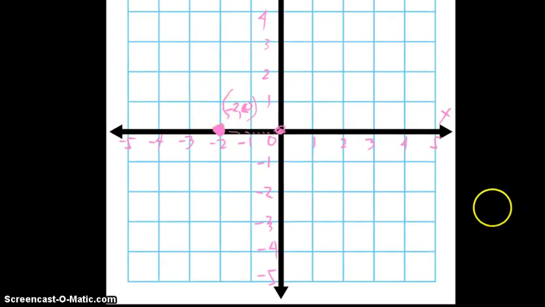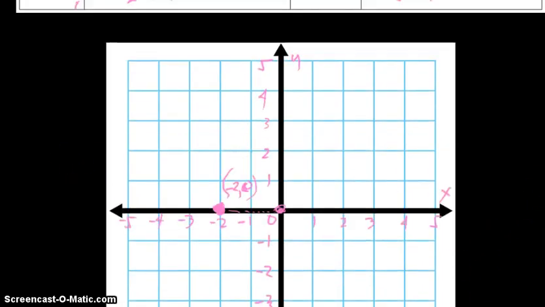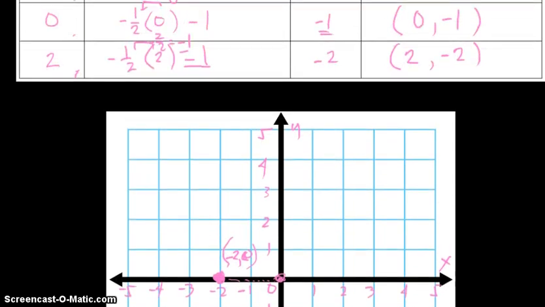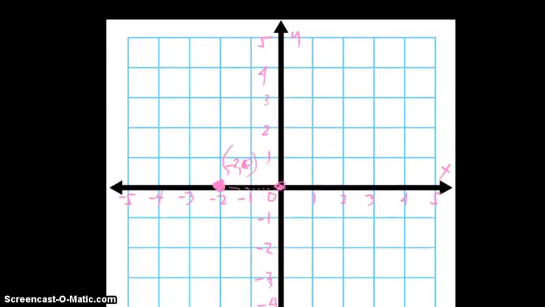Next point is 0 at negative 1. So, 0 ang x natin at negative 1 naman ang y. So, dito sa point na to, so 0 and negative 1.